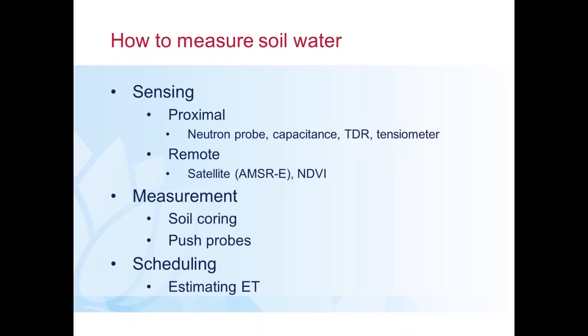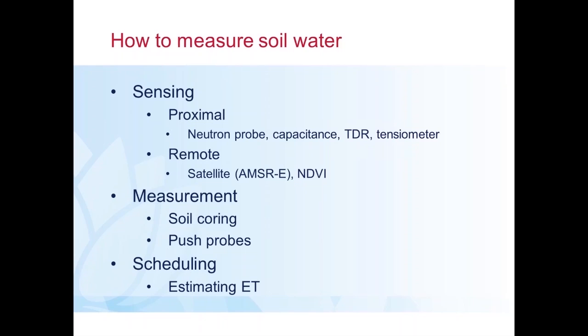And they're the more proximal ones, or the ones that you usually have to have in contact with the soil. And the neutron probe, where you carry around a neutron probe and you have access points and access tubes, and you go down and measure the soil water at individual depths.